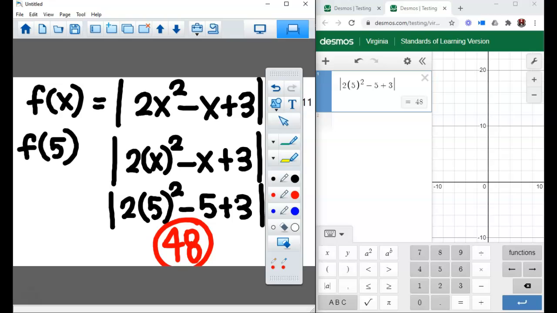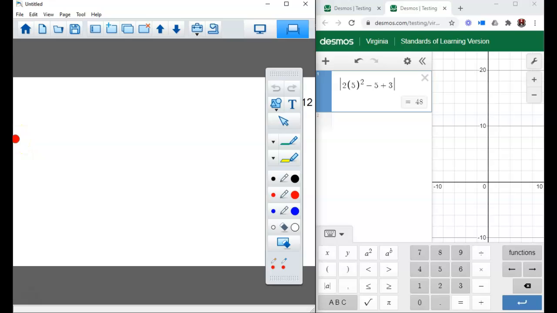So, just to emphasize what you're doing, when they give you your function rule, your first step is going to be to rewrite it and add parentheses where they are needed. If you see an x being raised to any power, you will need to wrap that x and just that x in parentheses.